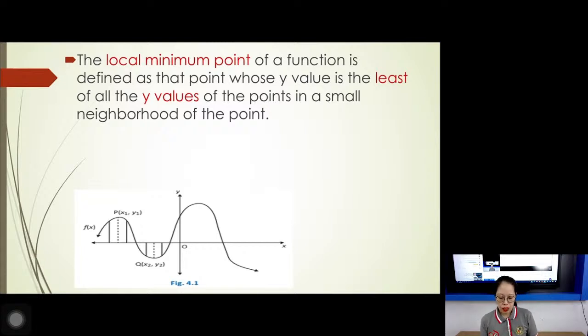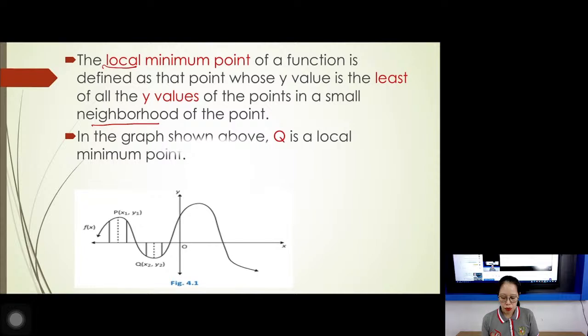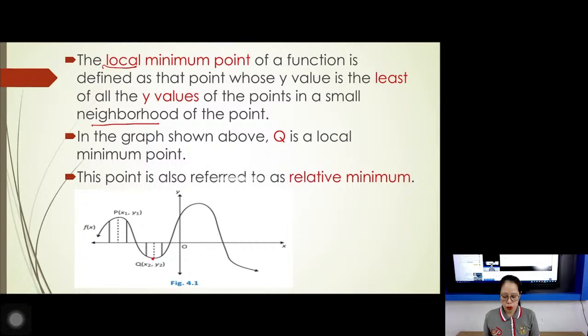We have the word small neighborhood because of the word local. So we have here point Q, right here. Point Q is our local minimum, and the other term again for local is relative minimum.